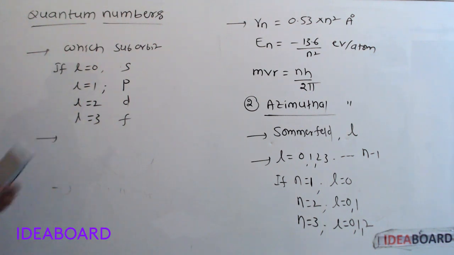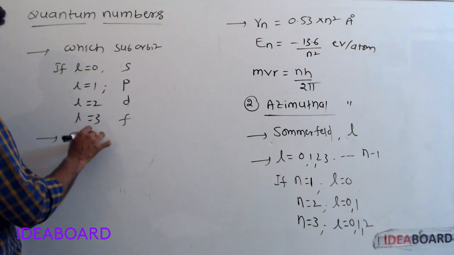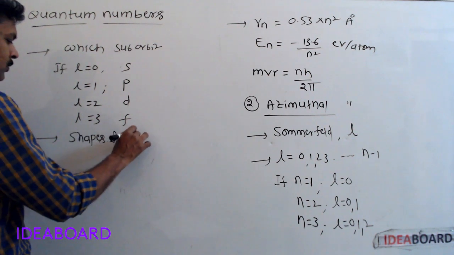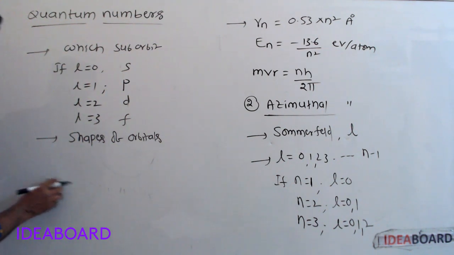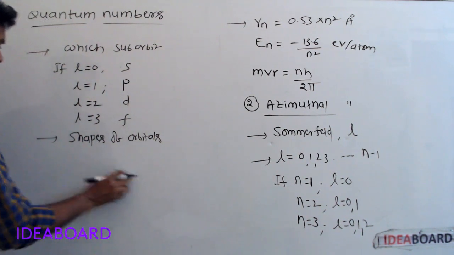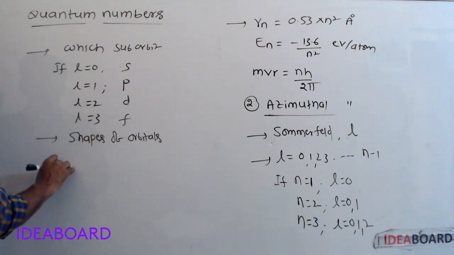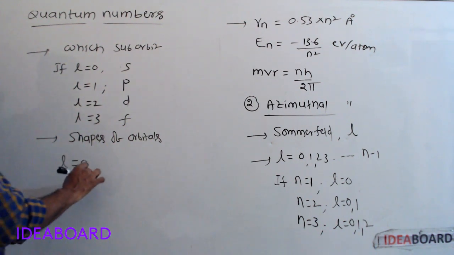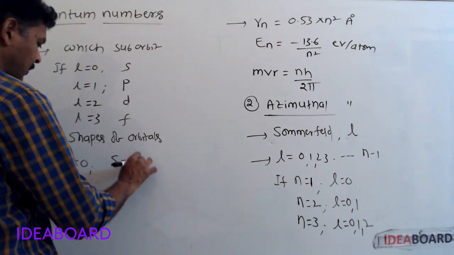It gives the shapes of the orbitals. l equal to 0 means the s subshell, s orbital.